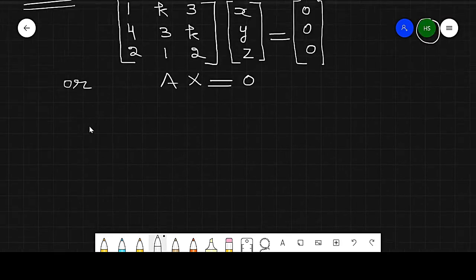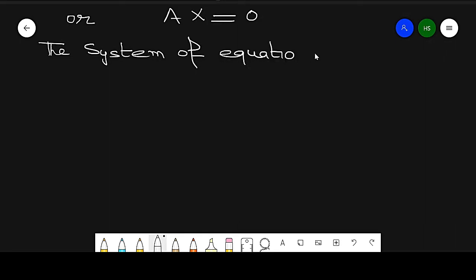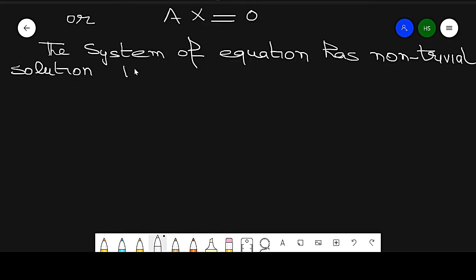Now the system of equations has non-trivial solution if determinant of A is equal to 0.